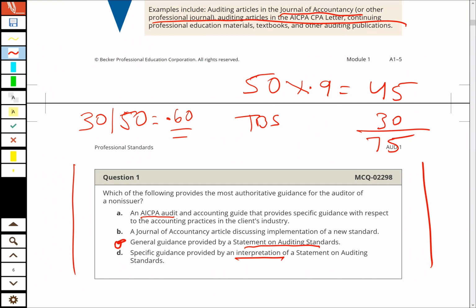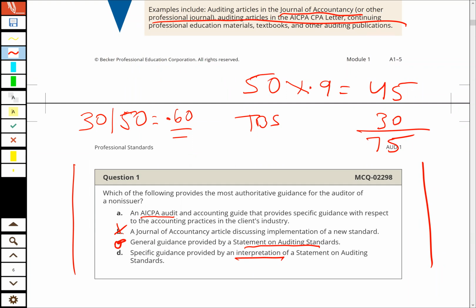But a couple things here. So AICPA guidance, you can't read the first choice and say, oh, AICPA, I'm done, I'm not going to read the rest of it. Because then you would continue to read, and none of you want the Journal of Accountancy because you say, well, that's just an article in a journal. Then general guidance on statements on auditing standards, and when you read that, you'd say, well, wait a minute, I thought the AICPA wrote the statements on auditing standards, so these both couldn't be right.